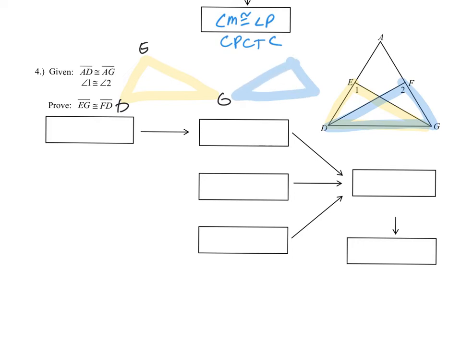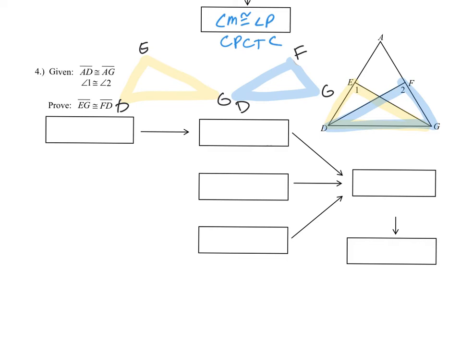That's really important. Sorry, I need to use the pen instead of the highlighter. Okay, this is FGD. All right, so we're going to prove that the yellow triangle is congruent to the blue triangle, and when we do, we'll see that EG and FD are corresponding parts of congruent triangles.